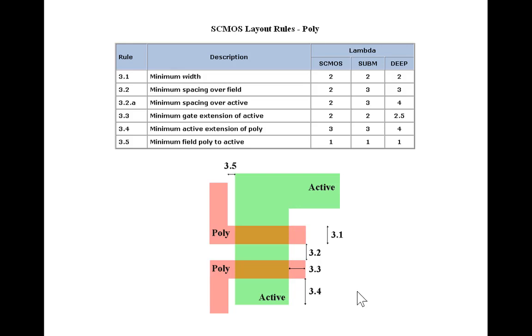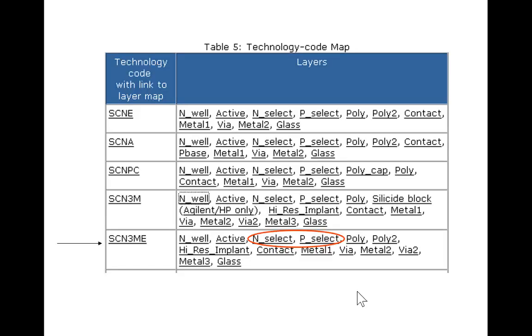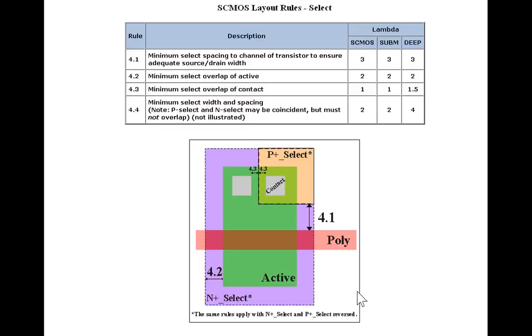Again, it specifies all the different spacing between them. Now, another example is the n-select and p-select. They follow the same rules. And here is an example where you have one transistor, you have the n-select here, and then a small p-select area.